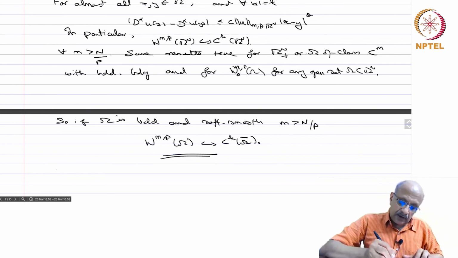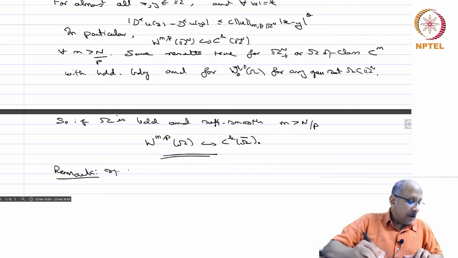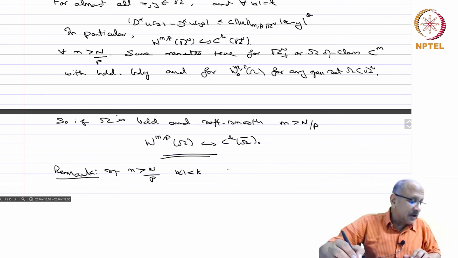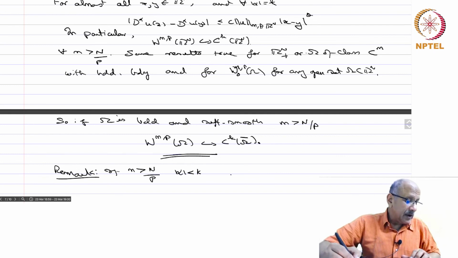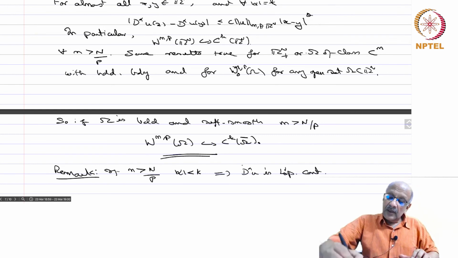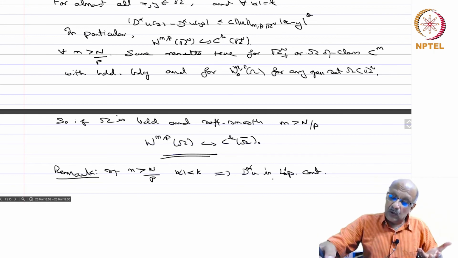Now remark, if m is bigger than n/p and |alpha| is strictly less than k, for |alpha| equal to k we said it is Holder continuous, and then this implies that D^alpha u is Lipschitz continuous, because the first derivative of D^alpha u is in L infinity, it is bounded, and therefore D^alpha u will be automatically Lipschitz continuous.